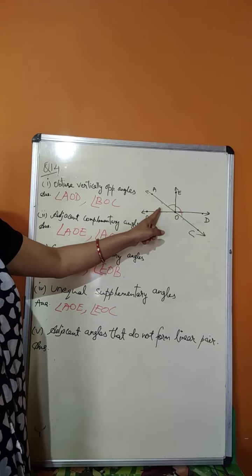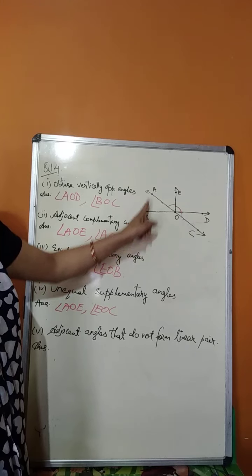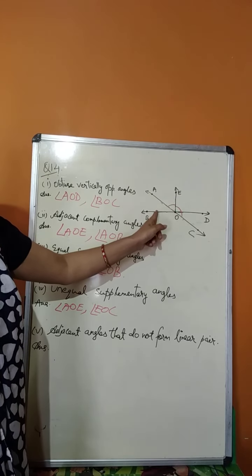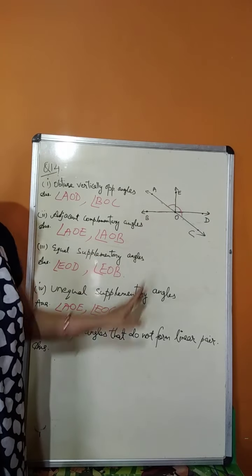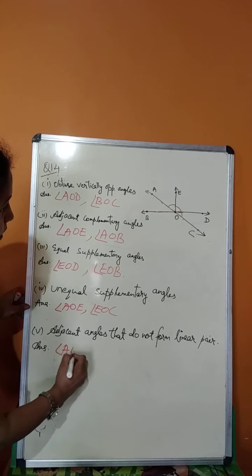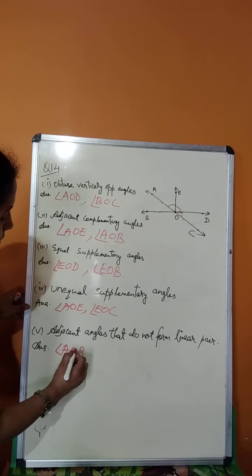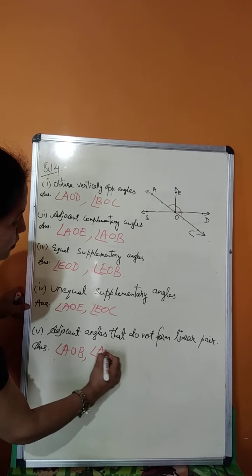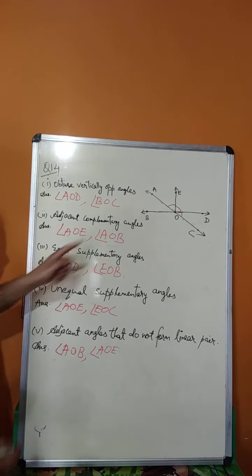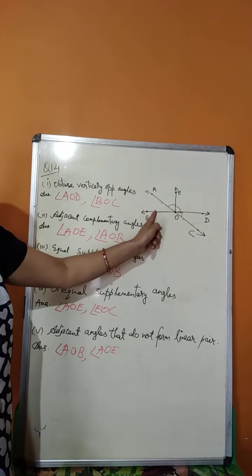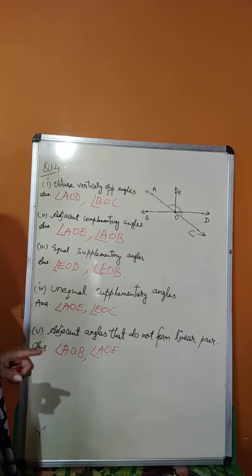Look here, AOB and AOE form adjacent angles and are not linear. So one pair is angle AOB, angle AOE.